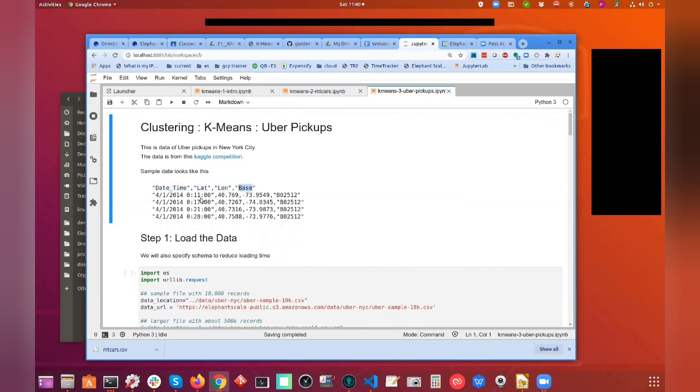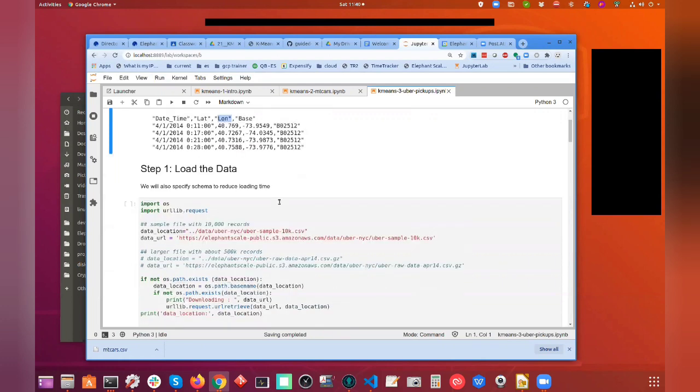The timestamp is what time the pickup was made, then the GPS coordinates, and base is like some fencing area, but it doesn't matter, I don't care about that. What I really want to zero in on is lat and long, because I was trying to understand, can I predict demand? That's what this lab is showing you.